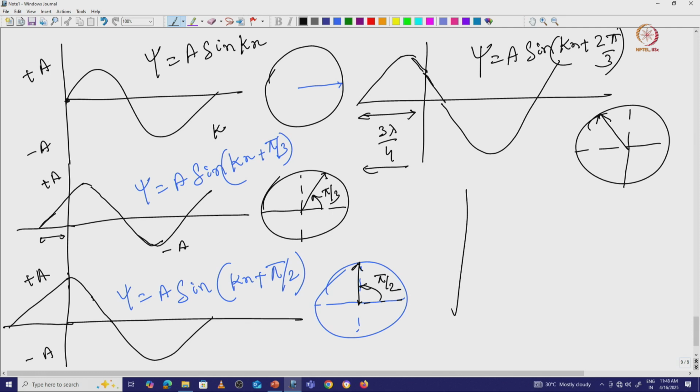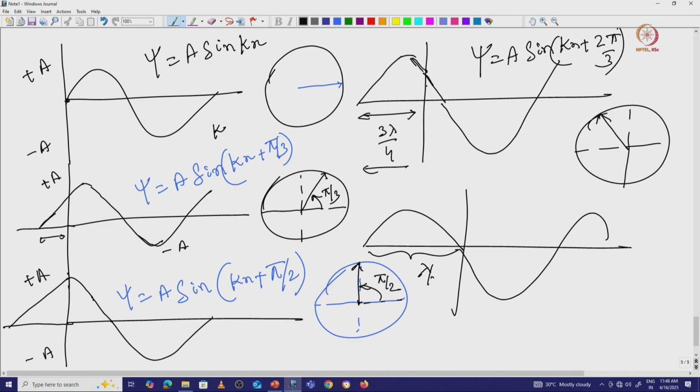Now, where will there be a complete half wavelength change? In this case you can see initially it is a 3 lambda by 4 wavelength change, but here it is a complete lambda by 2 phase difference. Now, if we want to write the equation, we can write it like that.